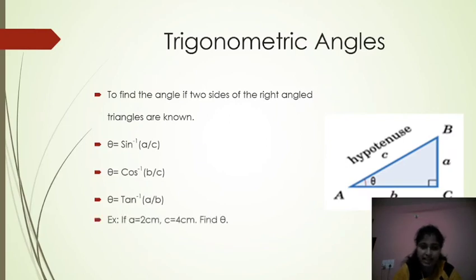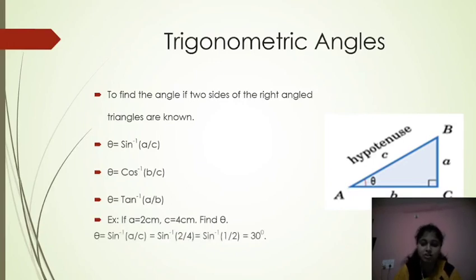Now coming next to an example. Suppose A is 2 cm, A means BC, the length of BC is given as 2 cm, and C, which means hypotenuse, the length of AB is given as 4 cm. So if we are talking about theta, the side opposite is given and hypotenuse is given. If we are talking about the side opposite, then sine is involved.